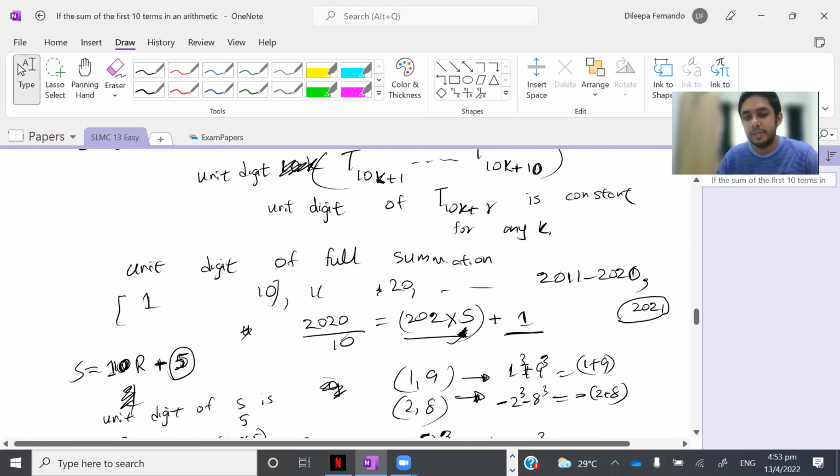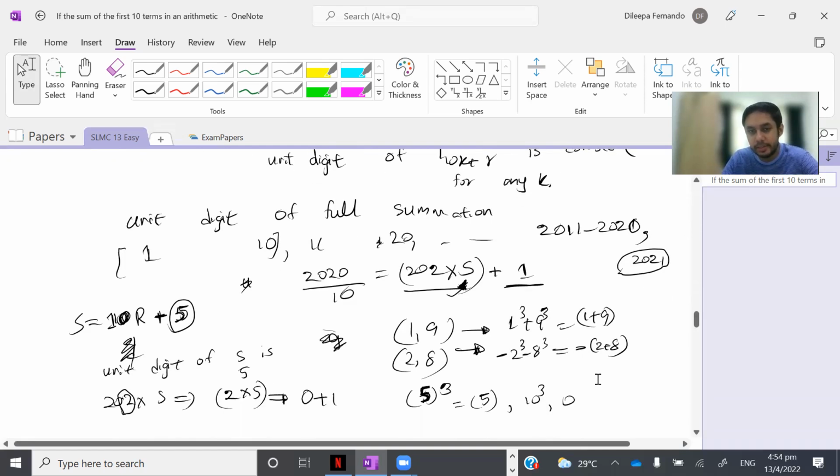pairings between the numbers in this summation. So we paired them such that the base numbers of each pair sum up to 10, so that 10 becomes a common factor, but 5 was left out.